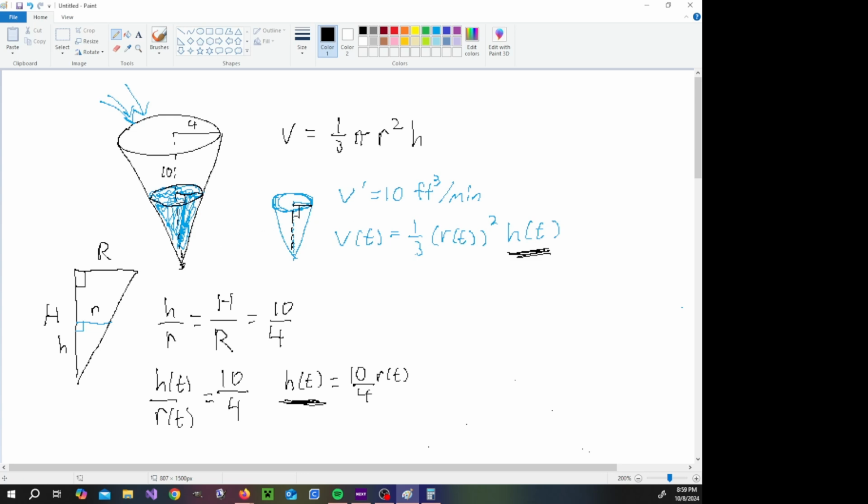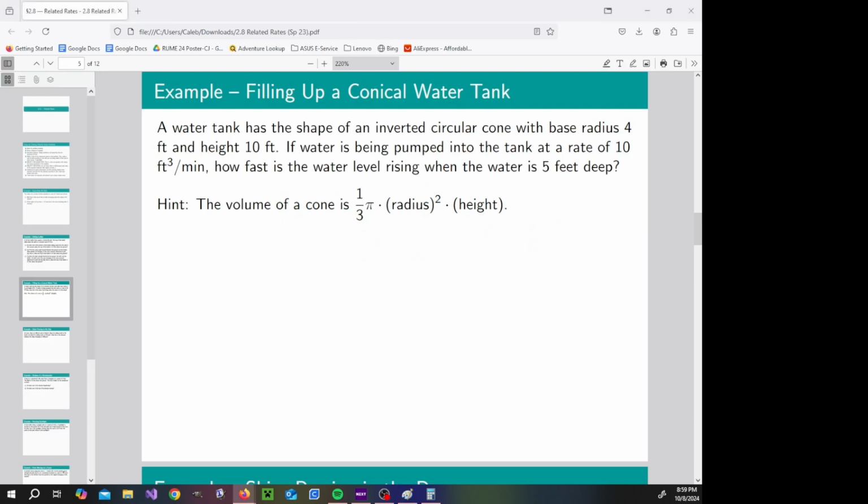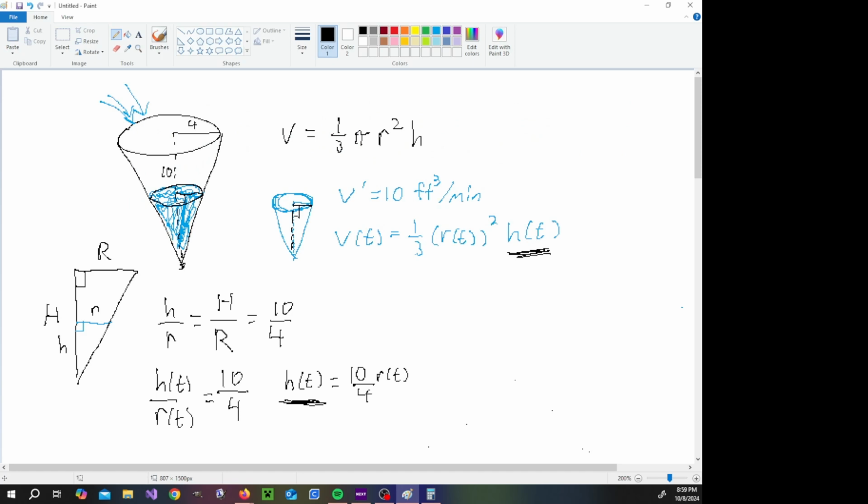However, the question doesn't want something about how the radius is changing. The question wants how fast is the water level rising. So it wants the height of that smaller circle. So that tells us we don't want to replace h of t, we want to keep h of t. So instead, we're going to write r of t.